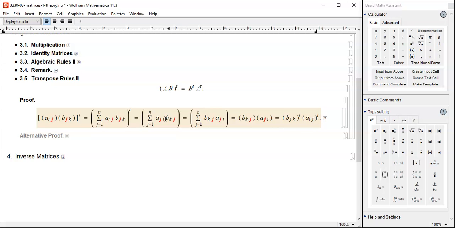We just apply the commutative law for real numbers, not matrix, for real numbers. Aji times Bkj, those are real number arithmetic, so we can switch the order. Bkj times Aji. So what do you get? Kj, Ji. Kj, Ji. Am I in a good setting? Yes, we are. This is a good setting for matrix multiplication.